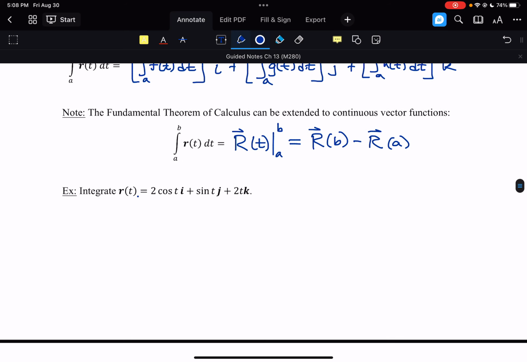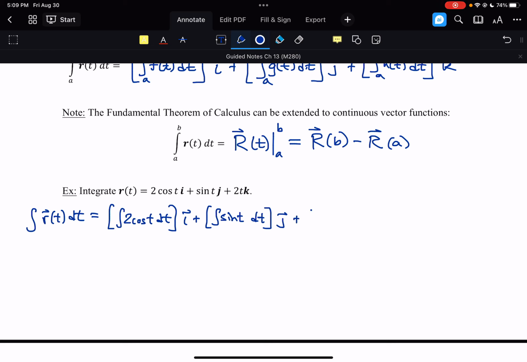So integrate 2 cosine t i plus sine t j plus 2t k. So our integral of r of t dt is going to be the integral of 2 cosine t dt i, plus the integral of sine of t dt j, plus the integral of 2t dt k.